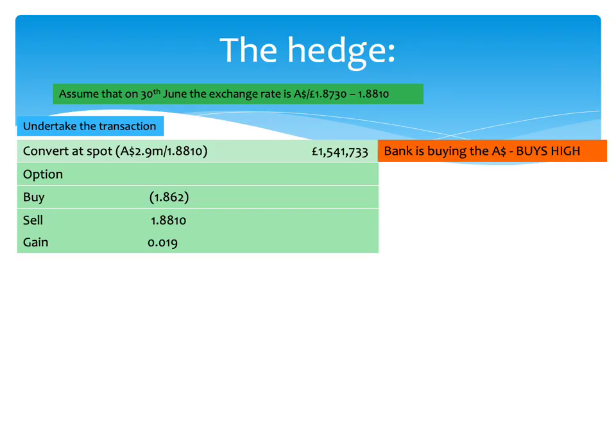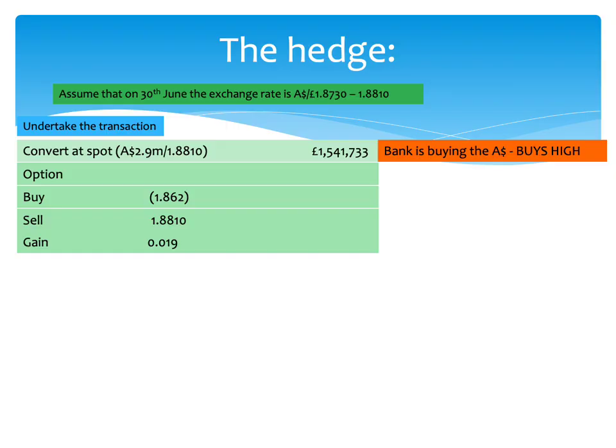Now what that means is if we're multiplying the gain up, it's based on the size of the contracts that you have taken out to cover the transaction, not necessarily the transaction itself. Because remember, you often have to round the contracts up or down depending on how many of them you need for your transaction size. So this needs to be based on the amount of contracts that you've actually hedged.